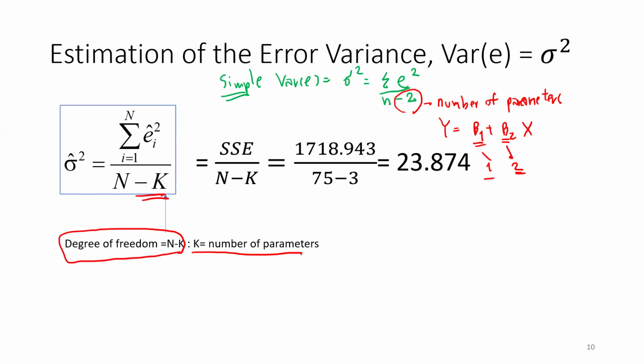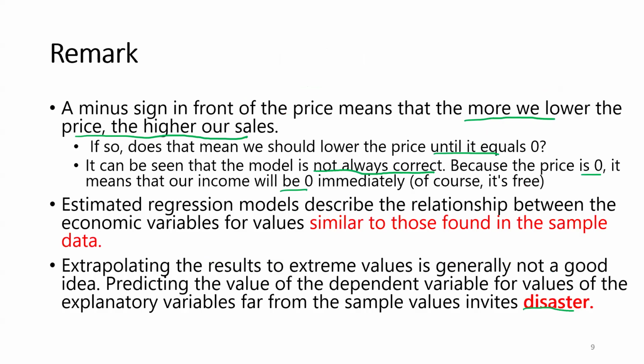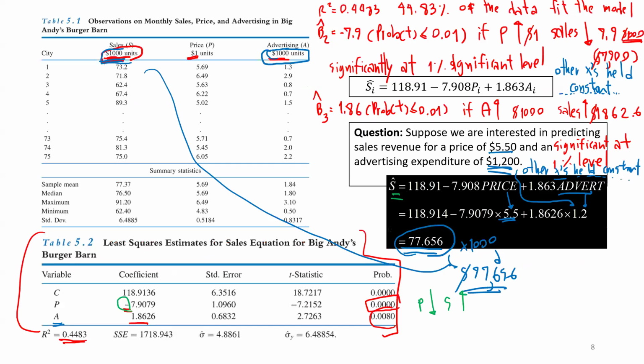For example, for the previous model, we have SSE here, and then we have to count k. So 1, 2, 3, k equals 3.